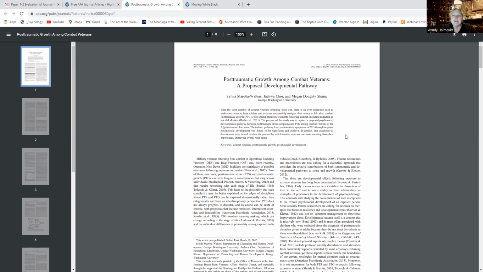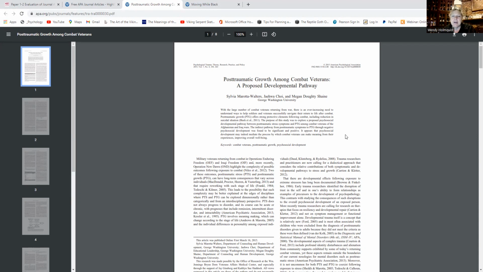Post-traumatic growth offers strong protective elements following combat, including reduction in suicidal ideation, because we know those rates are high. The purpose of this study was to explore a proposed psychosocial developmental pathway between post-traumatic stress symptoms and PTG, which is post-traumatic growth. They told us what that was earlier, among combat veterans for the Afghanistan and Iraqi wars.